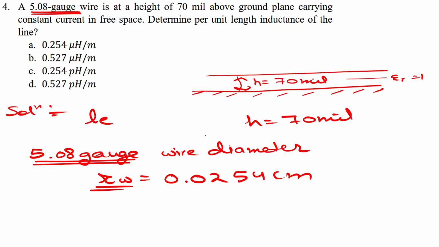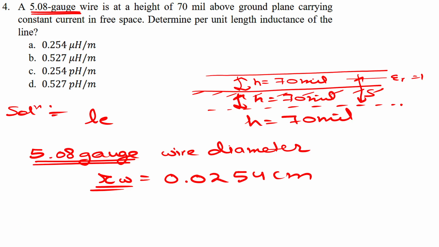Now using the image theory we can find it out. We can assume that there is also a second wire using the image theory, which also will have h as 70 mils. So the total separation will be a combination of both. So this is our S.